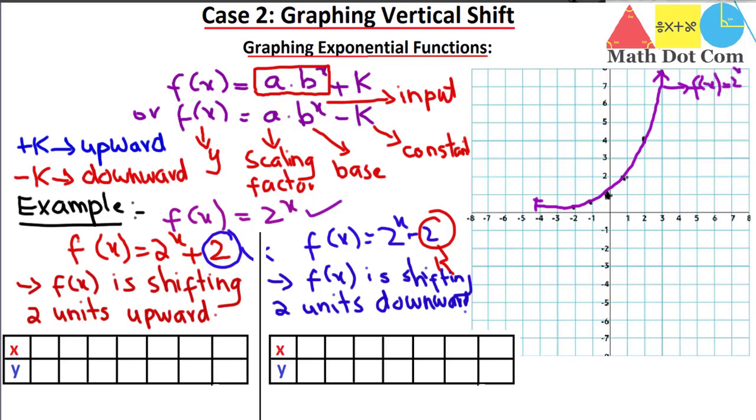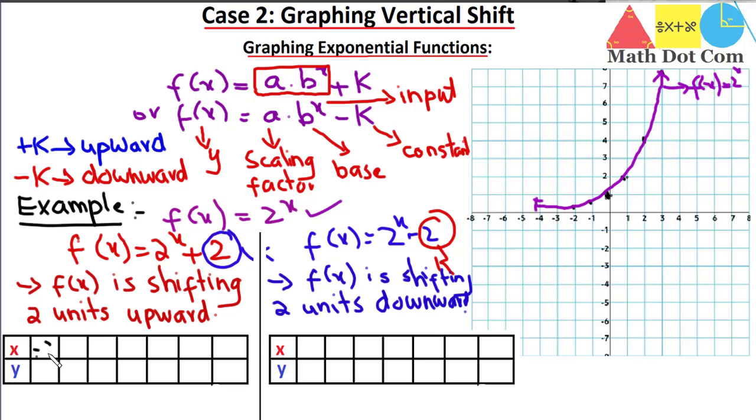Now I have to plot the transformations, that is f of x equals 2 raised to power x plus 2 and f of x equals 2 raised to power x minus 2. For that we need to plot the points as well so that we can see the difference between them, how by adding 2 it is shifting in the upward direction or the downward direction. So we are again taking the same points that we have taken in the parent function.